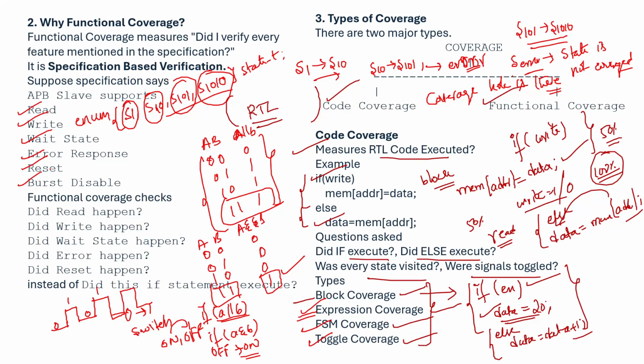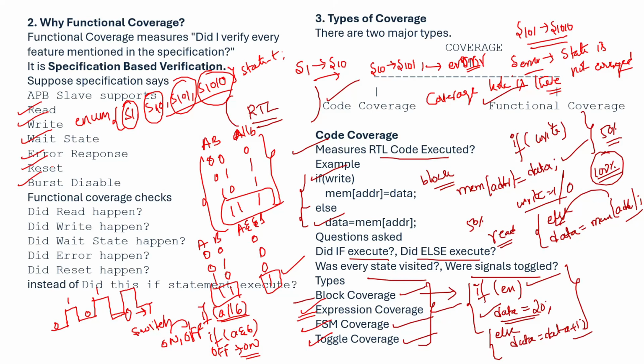So all these things are verified or not. Functional coverage is purely related to the verification engineer, who is modeling the design. Whatever functionality is there in the design, what types of scenarios are there, all these scenarios we need to verify.